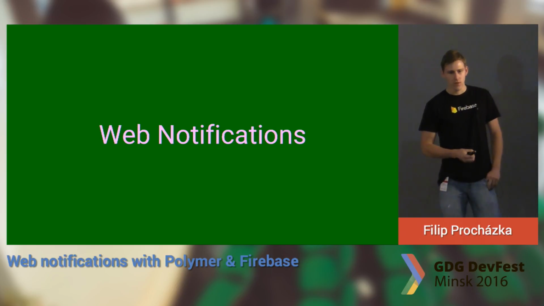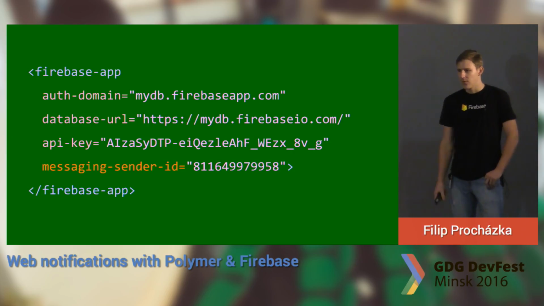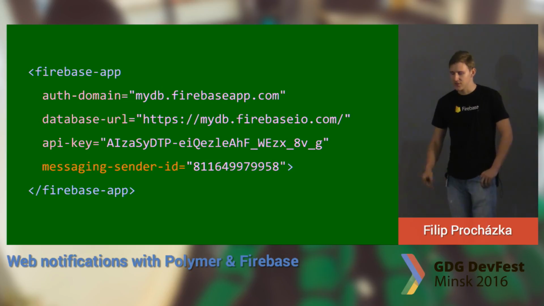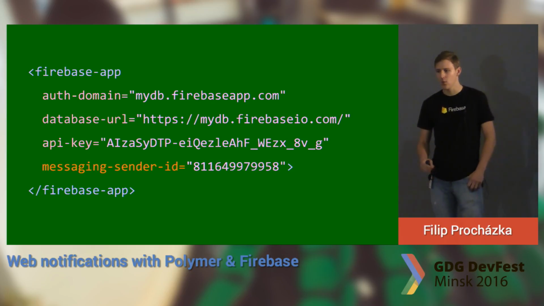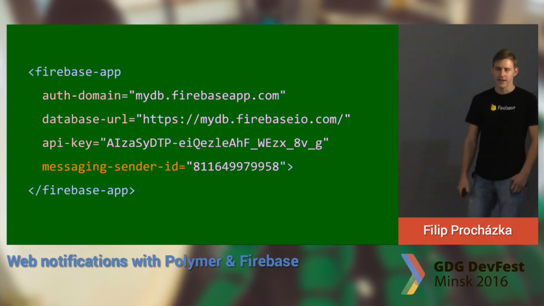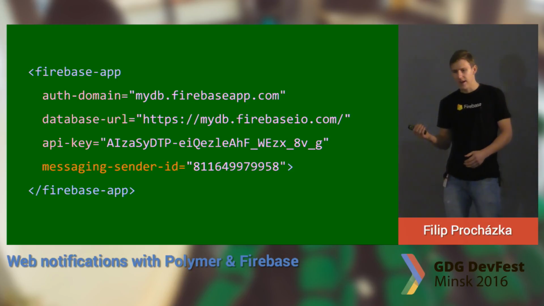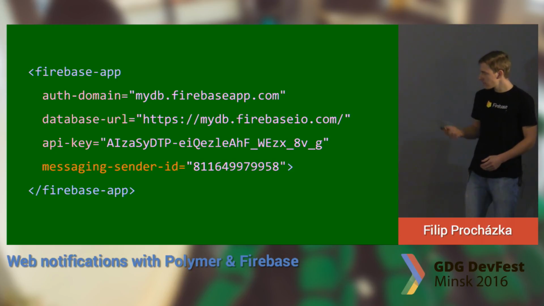So let's move on to the notifications. We again specify Firebase app, but now we need to make sure that we have this messaging sender ID defined. We can find it in the Firebase console on the web.